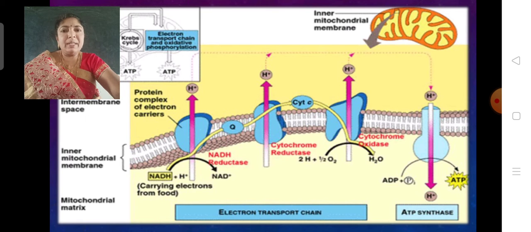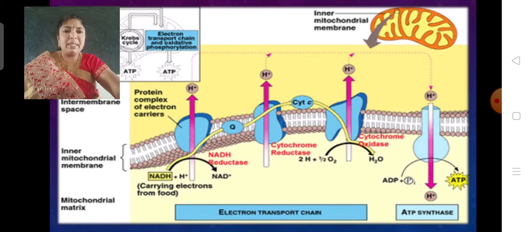released during the oxidation of NADH, 4 protons are released and NADH is converted to NAD. The protons released from the NADH are transferred to the intermembrane space, and the electrons are carried to FAD, that is flavin adenine dinucleotide.